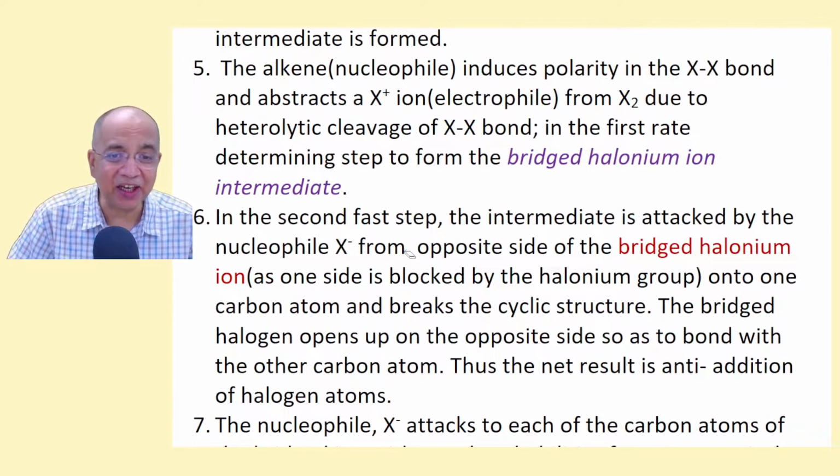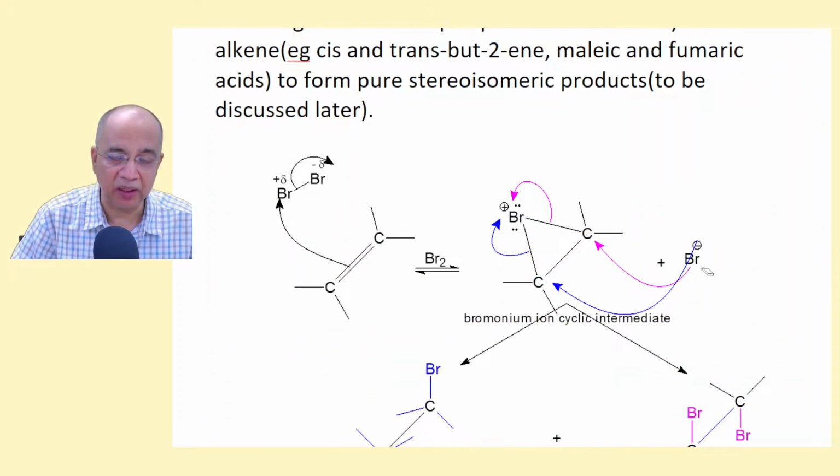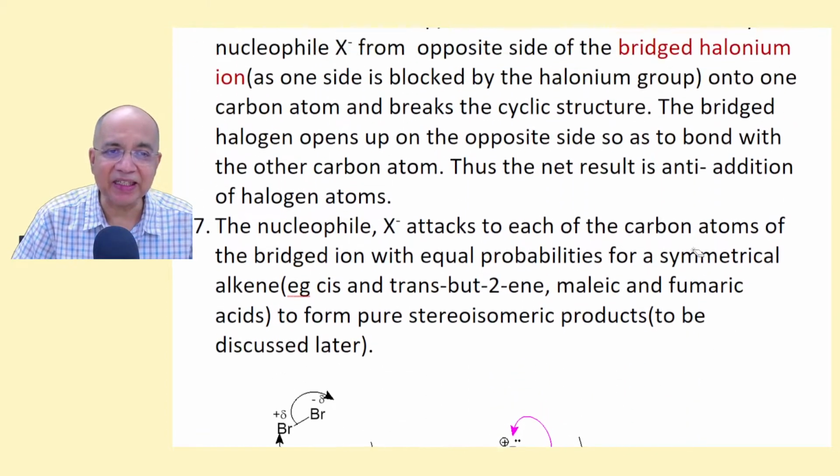In the second step, this intermediate, that is the bridged halonium ion intermediate, is attacked by the nucleophile, because the nucleophile has been expelled out. This bromine or chlorine provides the electrophile Br plus or Cl plus in the first step, and Br minus as the nucleophile to attack in the second step.